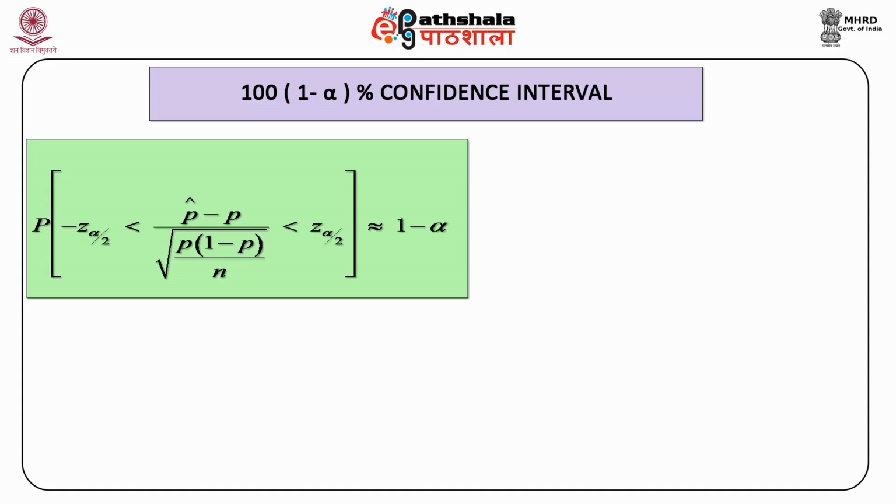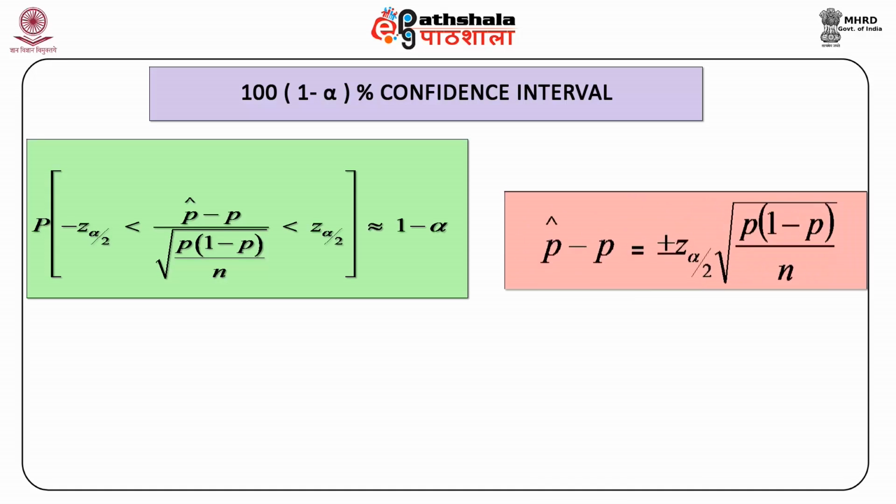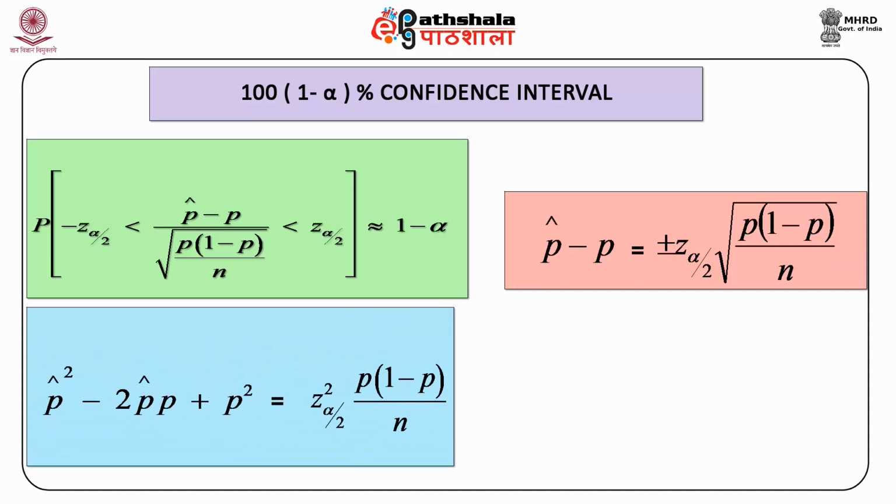The confidence limits are obtained by replacing the less than sign with the equal sign. This gives us p hat minus p equal to plus minus z alpha by 2 times square root of p times 1 minus p upon n. Squaring both sides, p hat squared minus 2 times p hat p plus p squared is equal to z alpha by 2 squared times p multiplied by 1 minus p upon n.